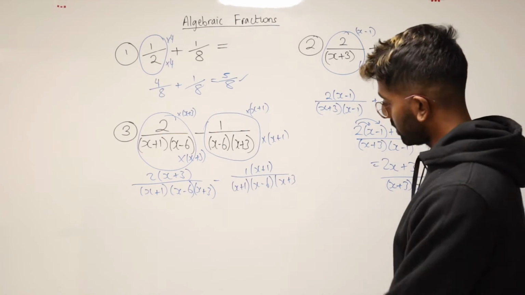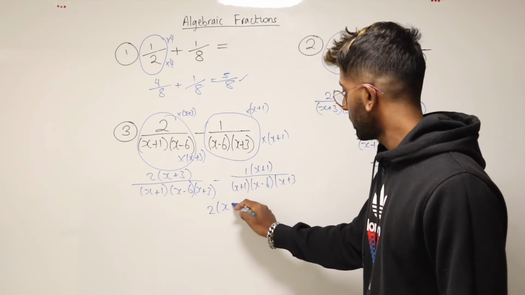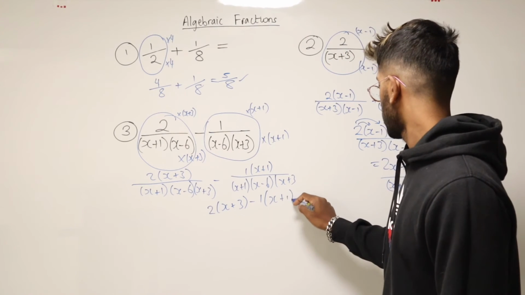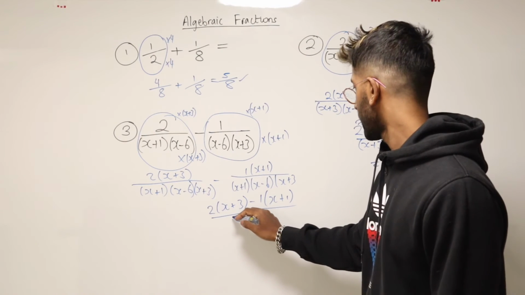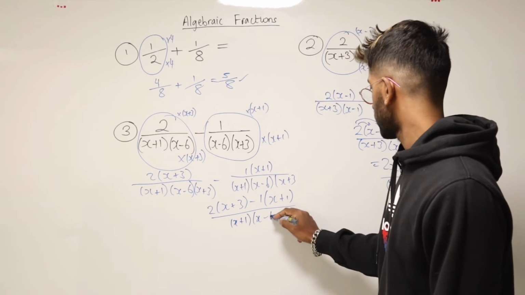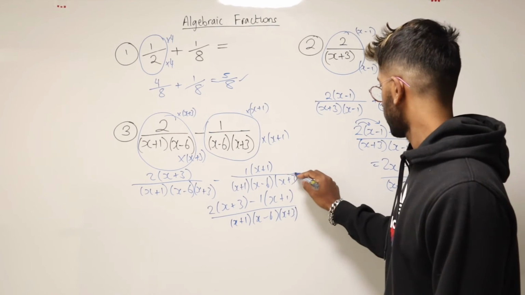Now we can bring it together as one big fraction. So we'll have 2 times x plus 3 minus 1 of those over these 3 brackets, so x plus 1, x minus 6 and x plus 3. Let's just close that off there.